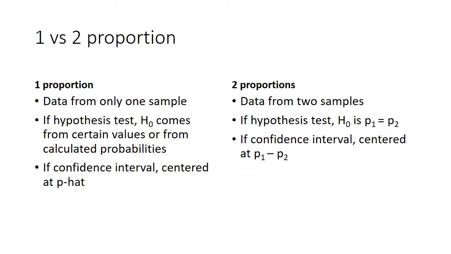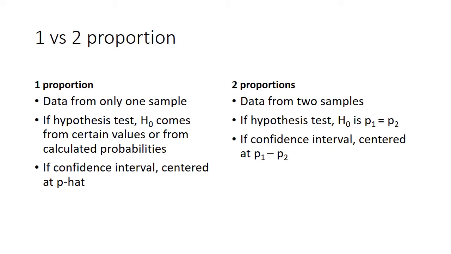For 1 proportion and 2 proportion, we haven't seen this so much. 2 proportion has been confined to the last chapter, but the names should be a pretty big giveaway. The 1 proportion sample only comes from 1 sample, whereas 2 proportions comes from 2 samples.